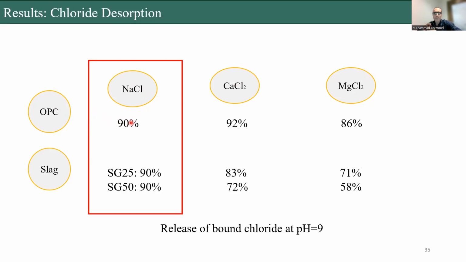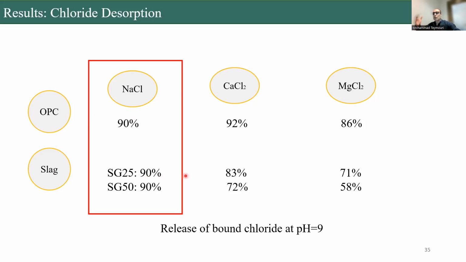It means that what we consider in service life modeling, that we neglected some part of the chloride from initiating the corrosion, is completely wrong after a few years. So actually we overestimated the service life. And you can see when we incorporated slag 25% and 50%, it is almost the same. For NaCl, we barely have a difference regarding the mix proportion.